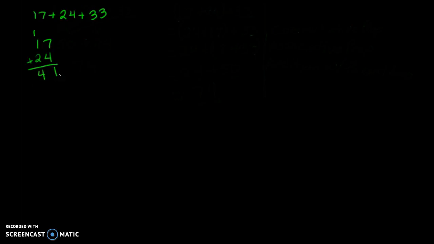Then we'd have to add this to our remaining number, 33. So 41 plus 33. And again, if we didn't have a calculator, we would do it by hand. 1 plus 3 gives us 4. And 4 plus 3 gives us 7. So we would find that these three numbers add up to 74.